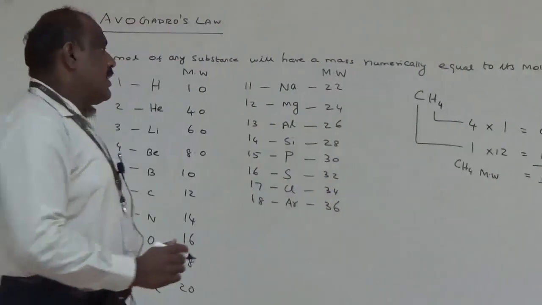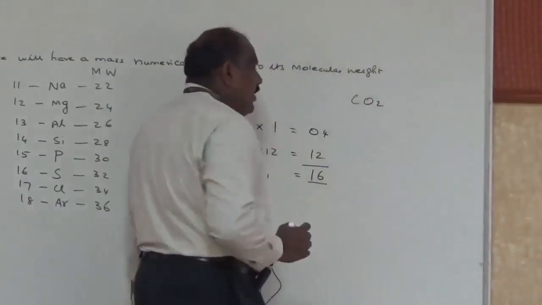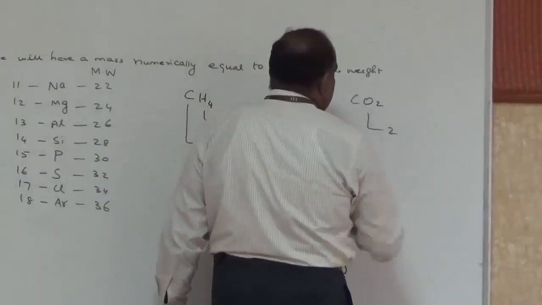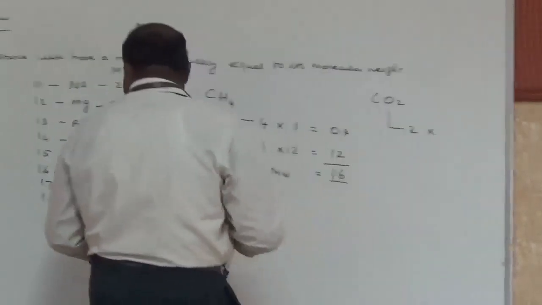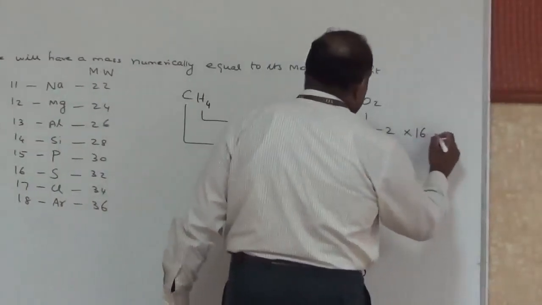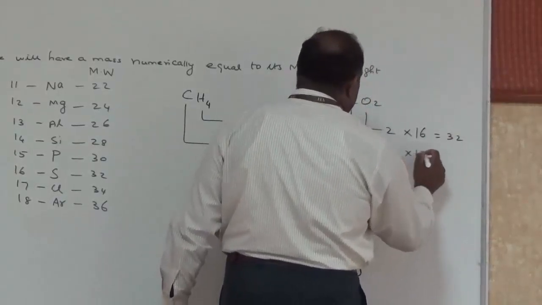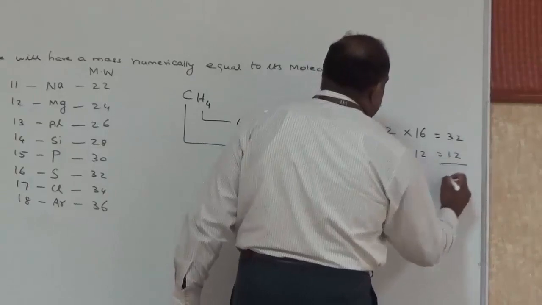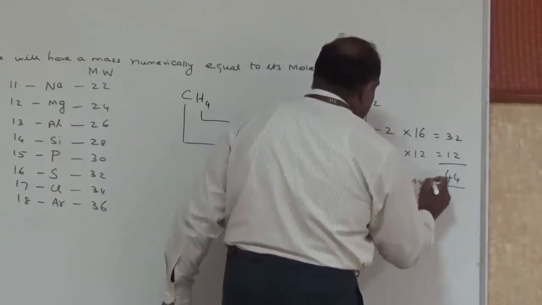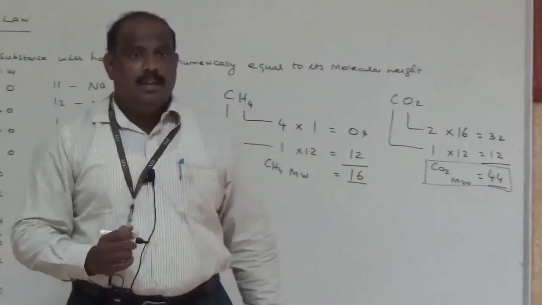Similarly, let's take another example: carbon dioxide. I want to find its molecular weight. There are 2 oxygen atoms, each with molecular weight 16, so it is 32. Carbon is 1 with molecular weight 12. Hence the molecular weight of carbon dioxide is 44.